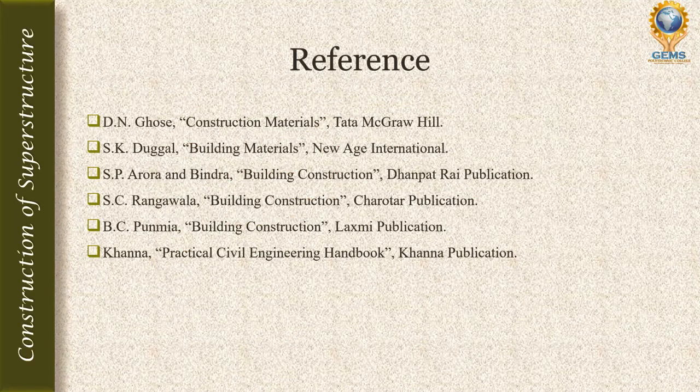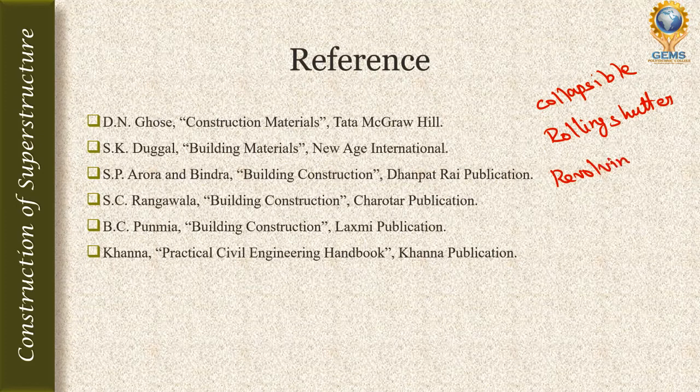So in this video we saw the four types of doors. The first one is the collapsible door. The second one is the rolling shutter door. The third one is the revolving door, and the final one is the glazed door.